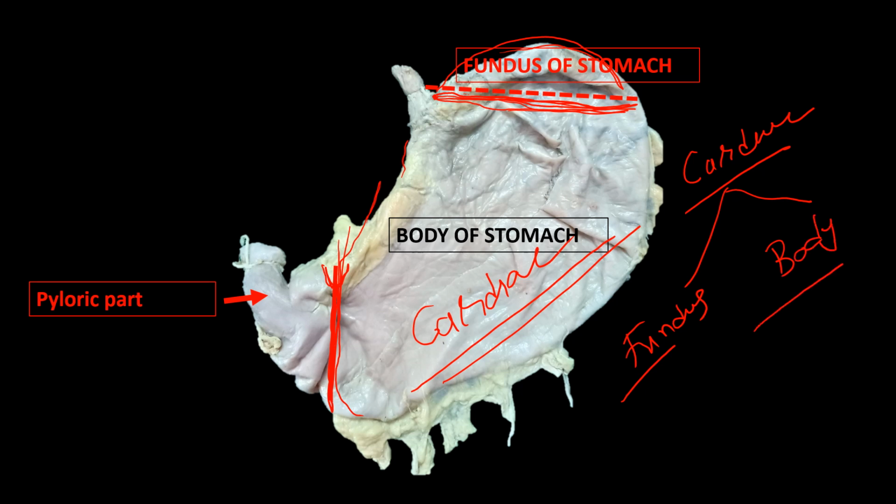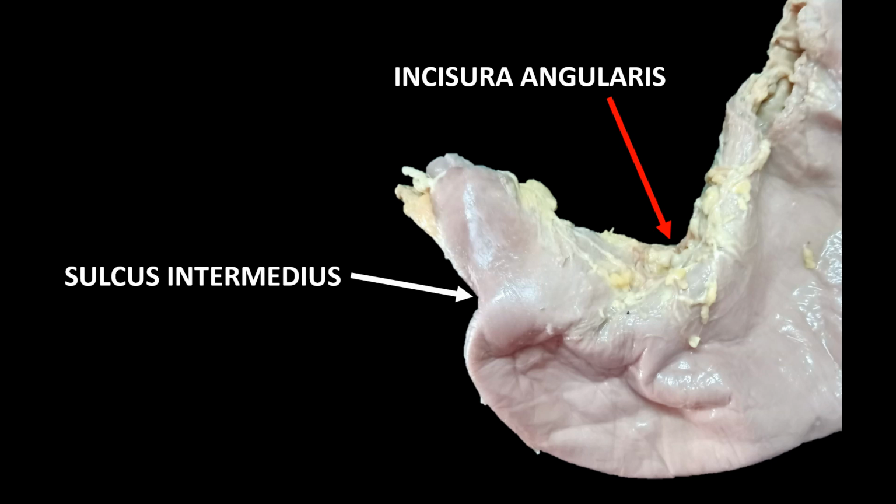That's the pyloric part. This is the incisura angularis, and we have drawn here an imaginary line. Just against the incisura angularis, this dilated area forms the pyloric antrum.